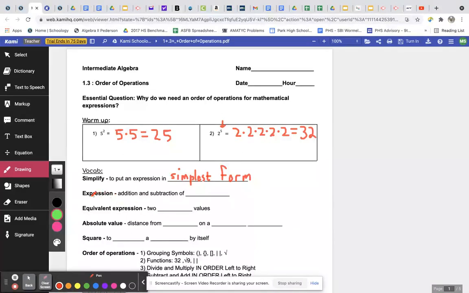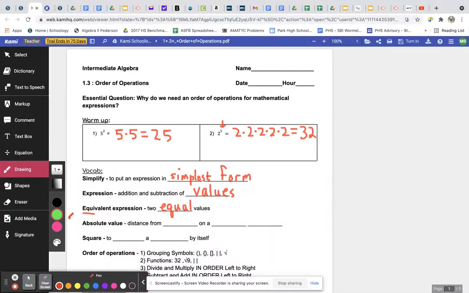An expression is the addition or subtraction of values. They could be letters, they could be numbers, but we are adding and subtracting them. An equivalent expression, you probably hear this prefix equa, means that you have 2 equal values.